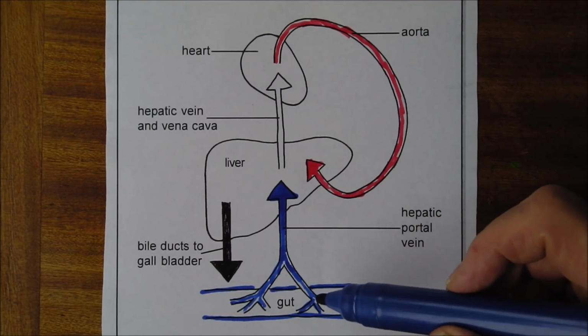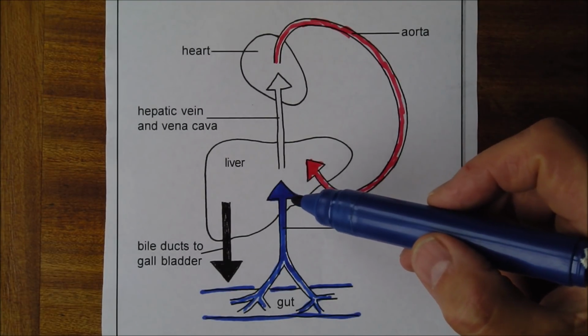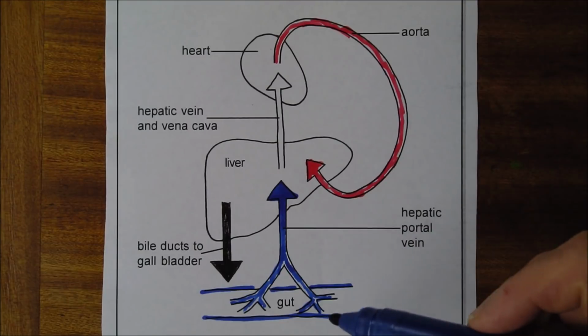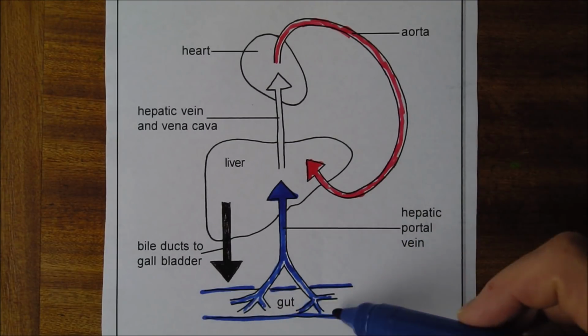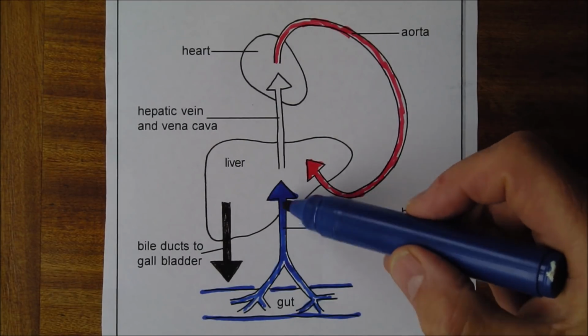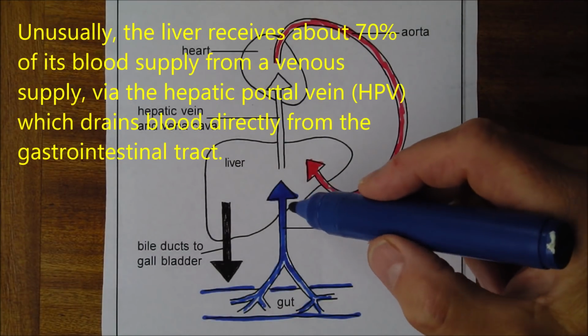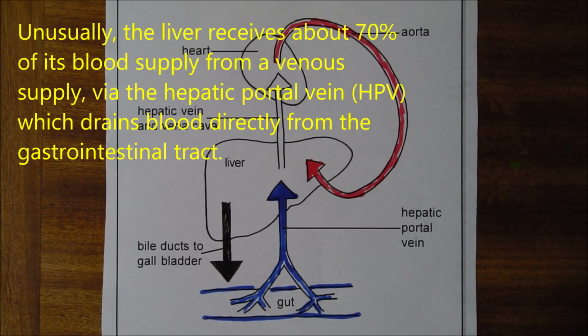Now a portal vein is a vein which will begin and end in capillaries. So this vein begins in the capillaries of the gastrointestinal tract, or the spleen, carries blood through this large venous section, and then this is going to distribute into lots of small capillaries in the liver.